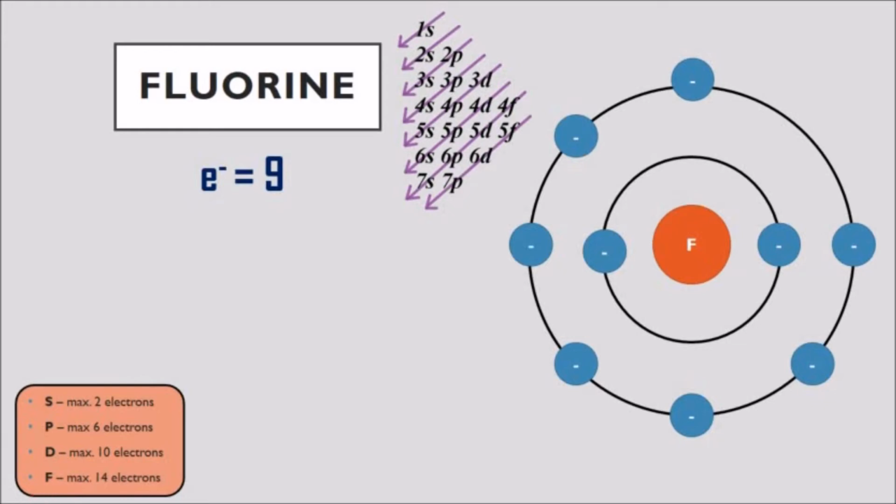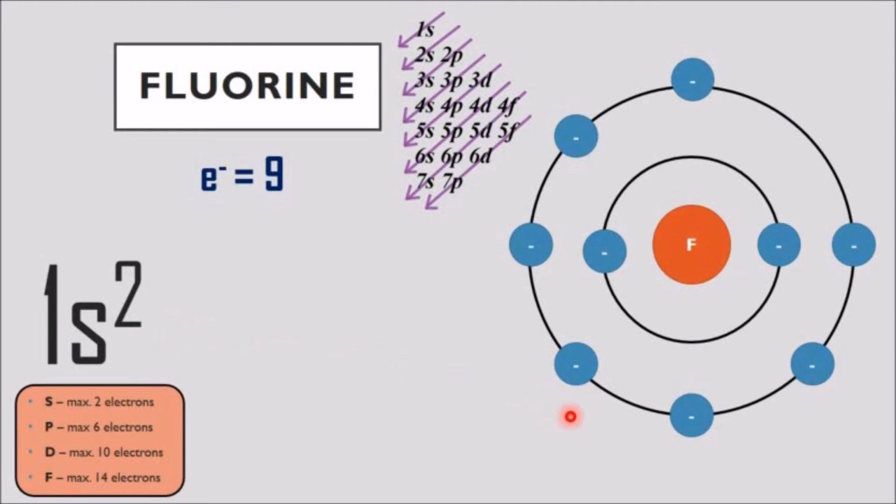Let's check your work. We'll start by writing the first subshell, which is 1s, followed by its superscript. Since the s orbital could only hold 2 electrons, we're going to write 2 here. And since the electrons of fluorine is 9, there are still 7 electrons that we haven't identified yet.